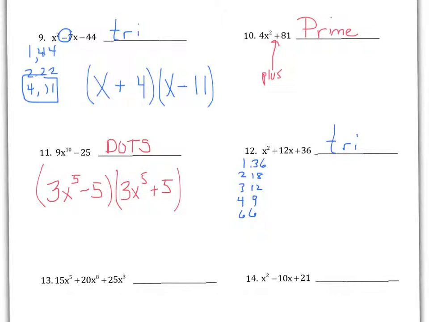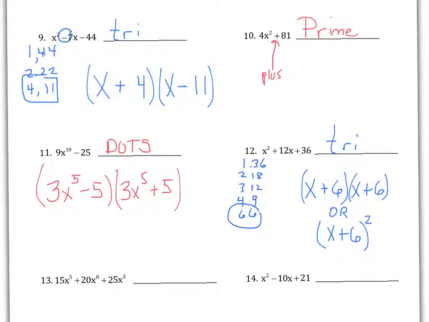Now since they multiply to 36, the numbers need to add up to 12. So out of all of these, it looks like that is going to work. So it would be x plus 6, x plus 6. Or another way we could write that is what, everybody? Good job. X plus 6 squared.